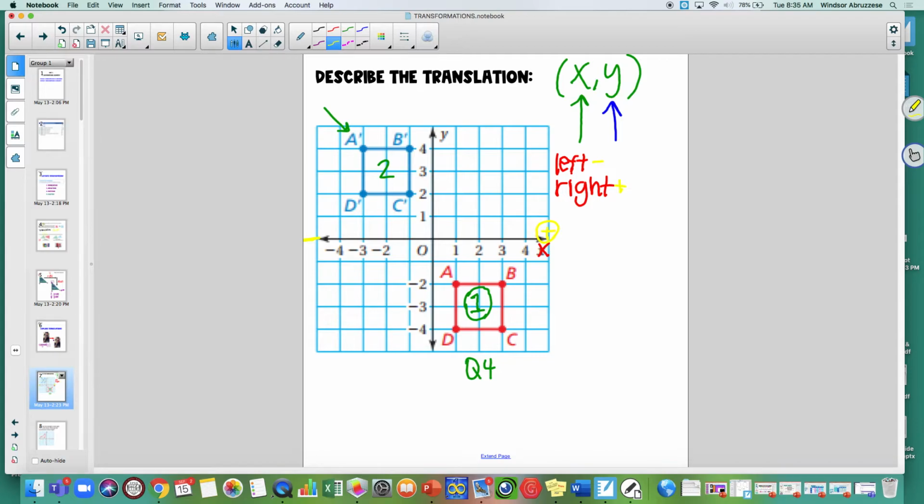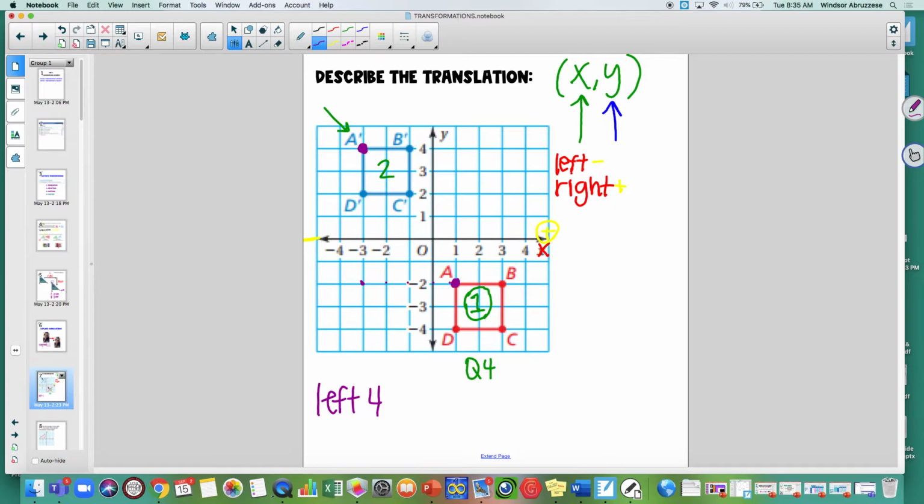So pick any point you want on this first square. Let's start with point A. I want to move from point A to A prime. How many spaces do I move to the left or to the right? Well, I'm going to go to the left. 1, 2, 3, 4. I go to the left 4 times. Once I'm here, I have to keep going to get up.